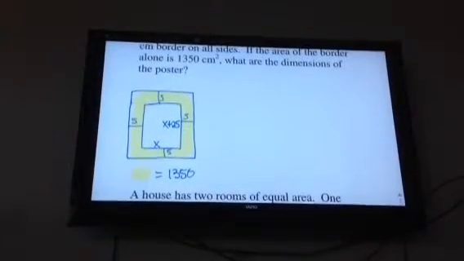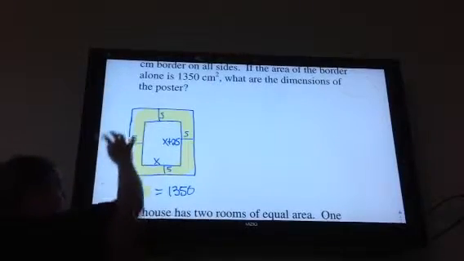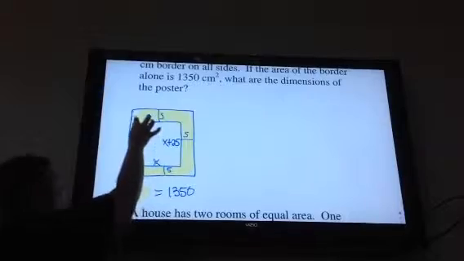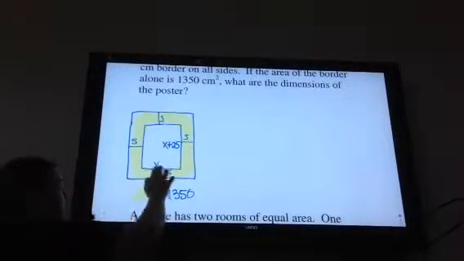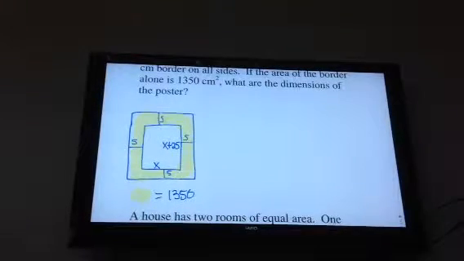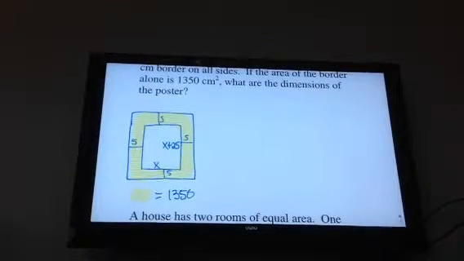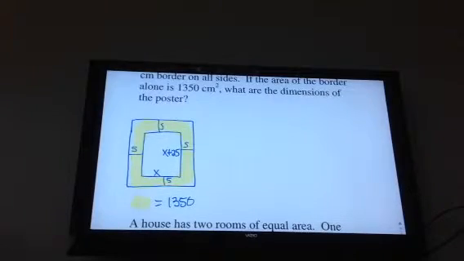So if I took the area of the entire thing, poster and frame included, and subtracted off the border, which is how much bigger it is, 1350, I would get the area of the poster. So very similar to our last question. Take the area of the whole picture, cut off the border, and that equals the area of the inside rectangle.